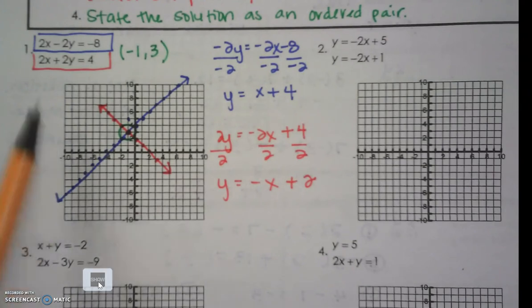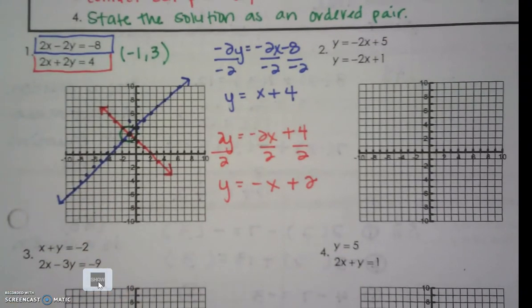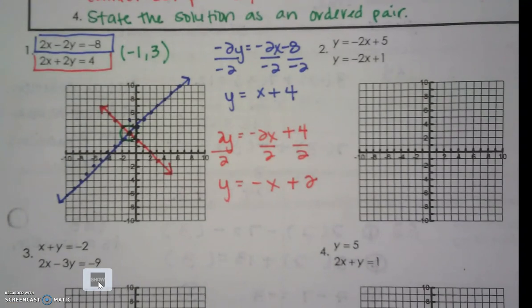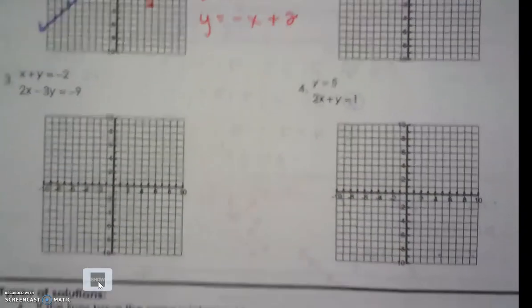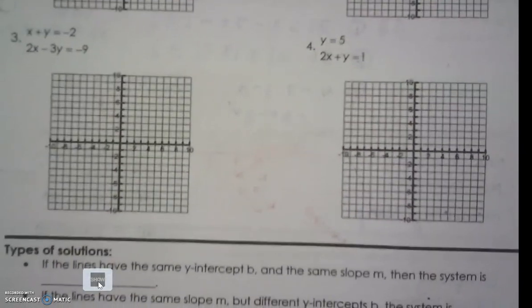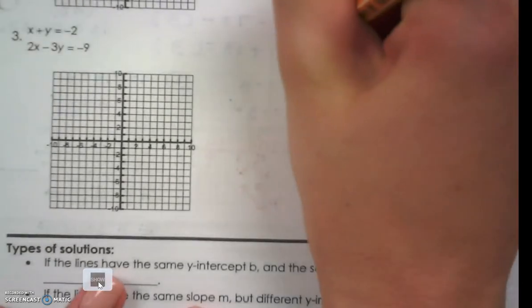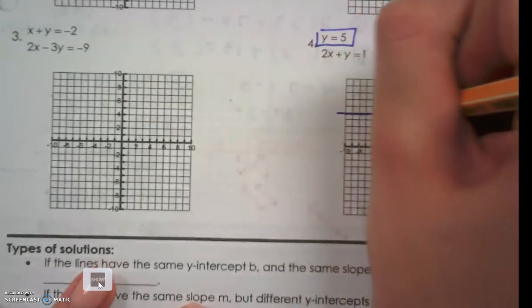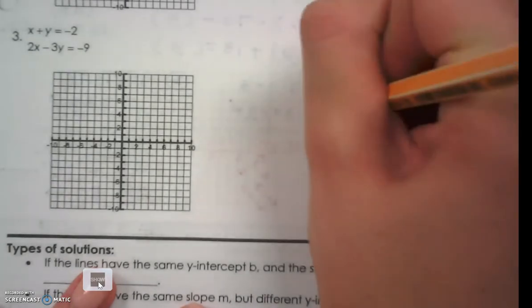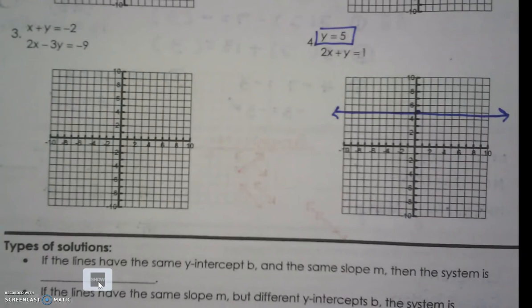I'm going to go diagonal and do number 4 as well. So if we look at number 4, my first equation is y equals 5. What kind of line is y equals 5? Hopefully you said horizontal. So here's where y is equal to 5, and I'm just going to draw in a flat line there.